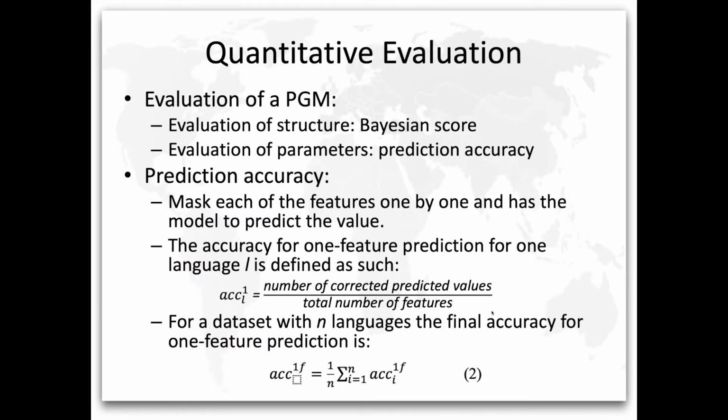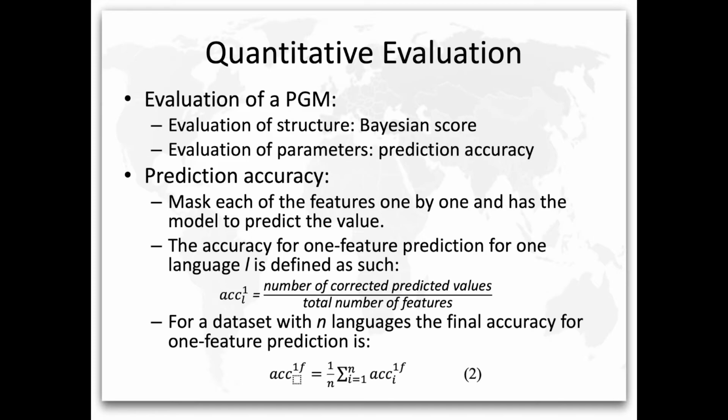Next is evaluation. For quantitative evaluation, we need to evaluate the structure and the parameters. For structure, we can use a Bayesian score. For parameters, we use prediction accuracy. To get this accuracy, we mask each of the features one by one and ask the model to predict the value.